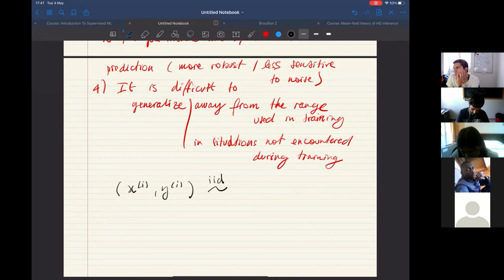So this IID means independently and identically distributed.